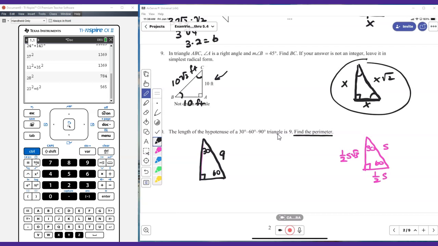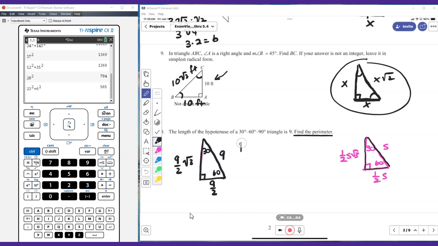So if the hypotenuse is 9, just like in this triangle, we have the side is S. Remember that in the 30, 60, 90, the shorter side is always half the hypotenuse, and the height of the triangle is half of the hypotenuse times the square root of 3. The shorter side of this triangle is going to be 9 over 2. And the other side will be 9 over 2 times the square root of 3.